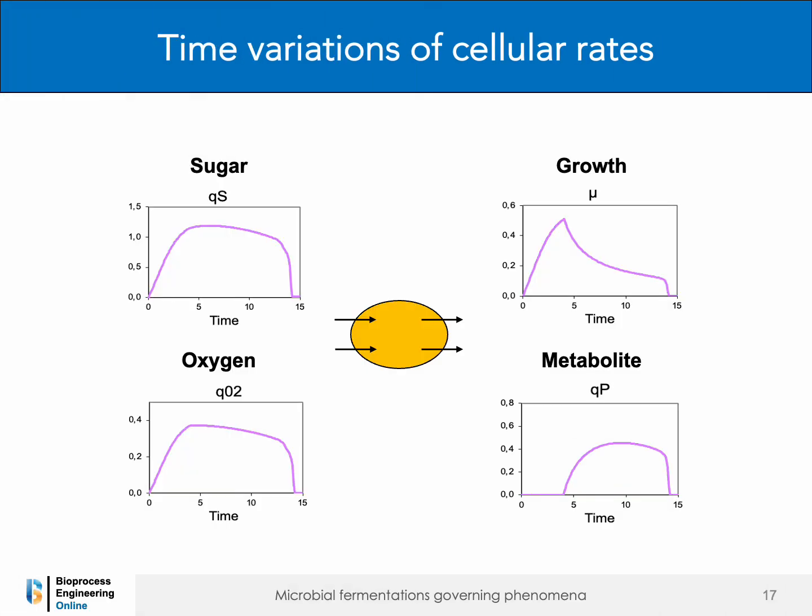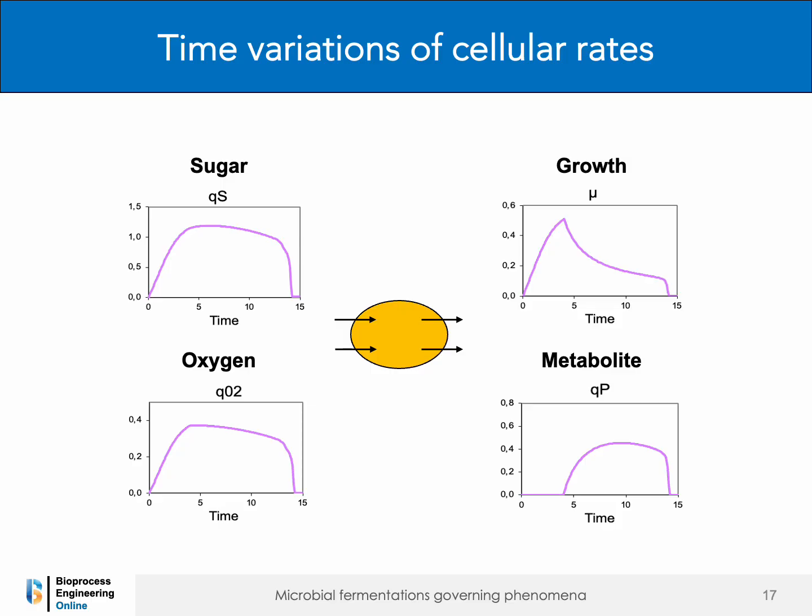Cellular rates vary significantly throughout the course of fermentation. Typically, specific rates, growth rate, substrate uptake rate, are low during the lag phase, as cells adapt to the environment. They reach their maximum during the rapid growth phase. Afterward, these rates gradually decline as nutrients become limiting or inhibitory byproducts accumulate.